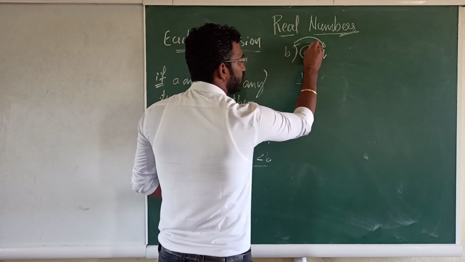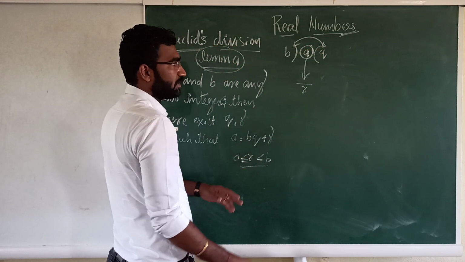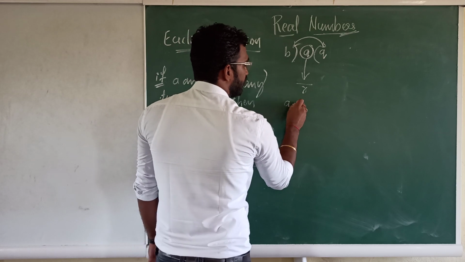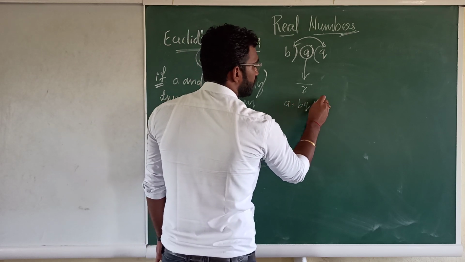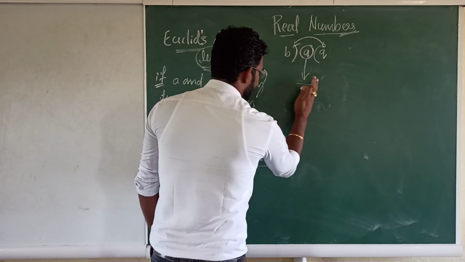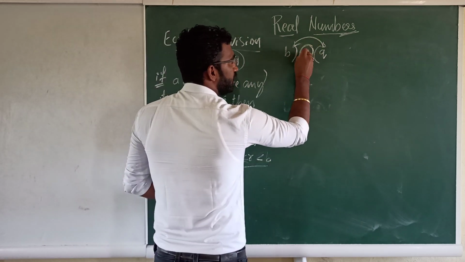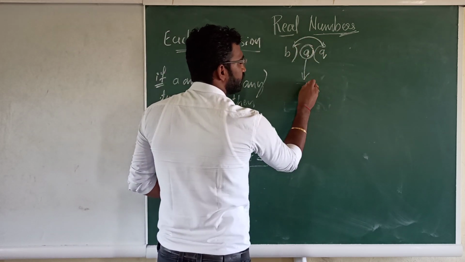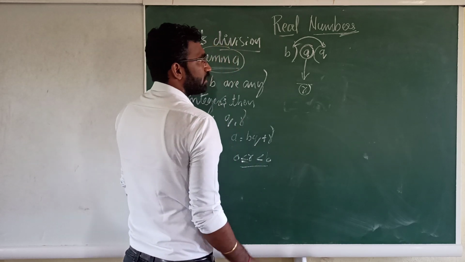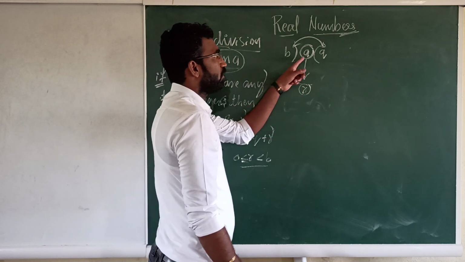If you follow this method, it will be easy for you to write every time. How are we going to write? a is equal to what? bq plus r, which is already written here. You can write it as a is equal to this into this plus this. Right? Now I am going to tell what this a is.